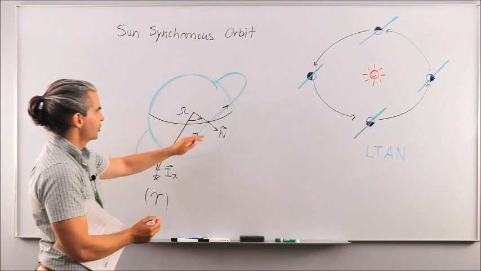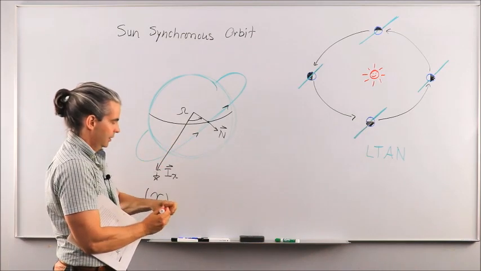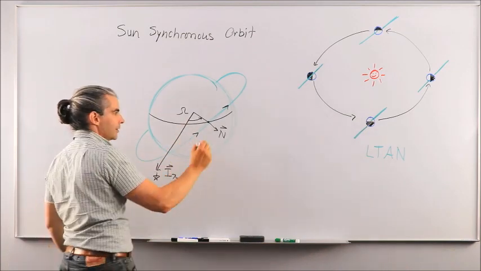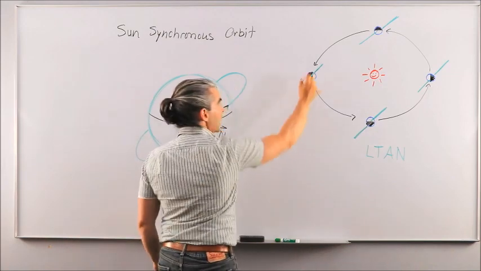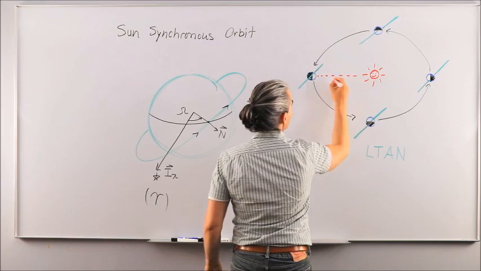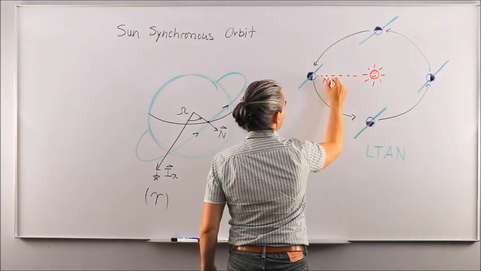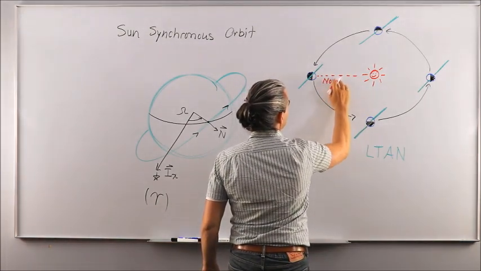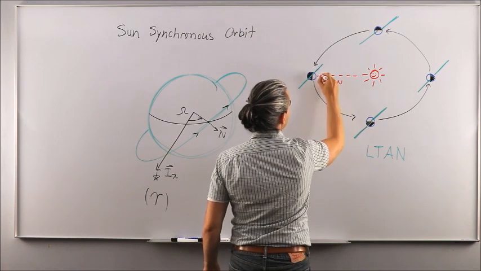Which means that without J2, this is what we would see. All right, local time of ascending node would keep shifting, as seen here, okay? Because if this is the noon direction, right?